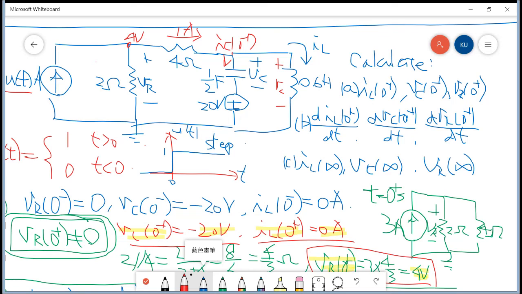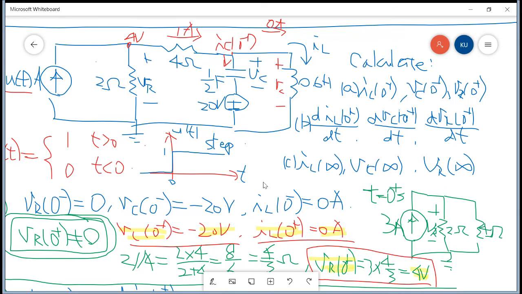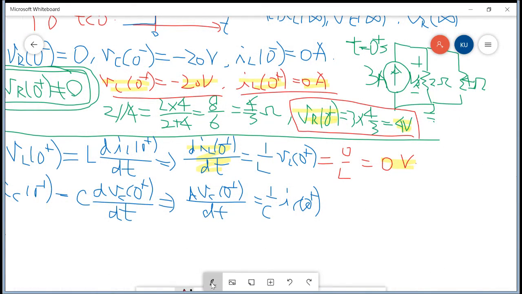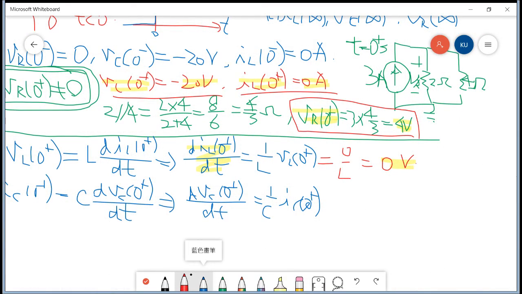And we know that IL(0+) is 0A, which means that all the 1A would go to here, which is IC(0+). So actually IC(0+) is 1A. So this is 1 over C, C is 1 half. So the answer will be 2.